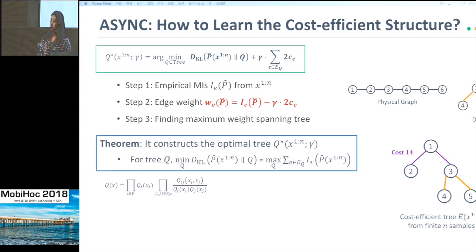This algorithm gives the optimal tree solution of this optimization problem, because for tree distributions, the minimization of the KL divergence is equivalent to the maximization of the sum of the mutual informations.